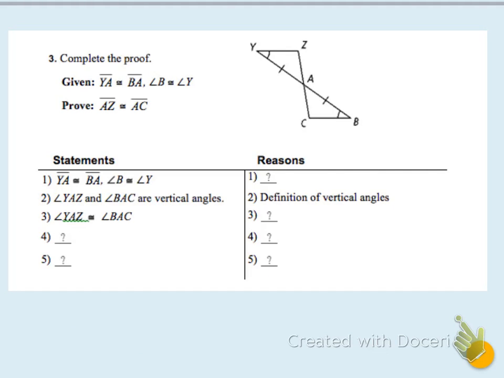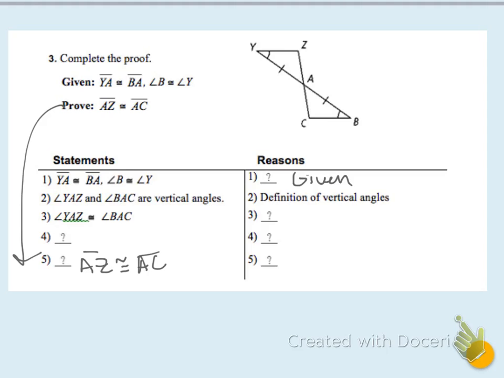Okay, so we already started off with our given, so we're going to put our given in here, and we're always ending with what we're trying to prove. So we're trying to prove AZ is congruent to AC. Okay, so now let's see how we get from one to the next. So we have everything marked off.